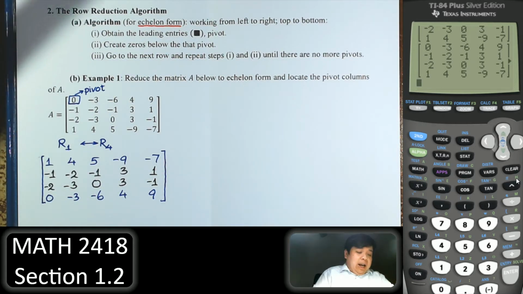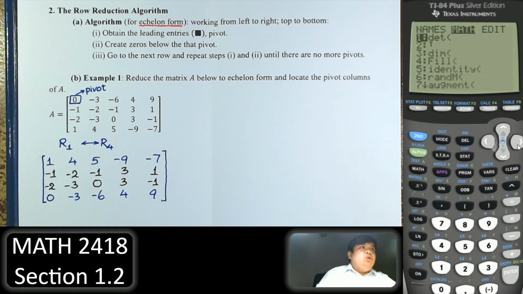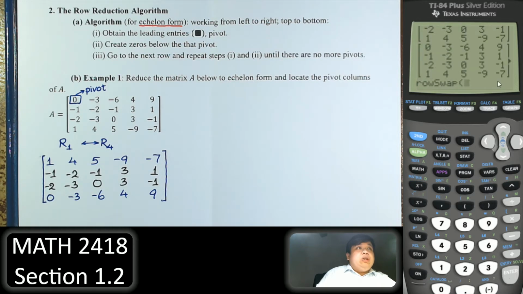Right, now we swap row 1 and 4. So second matrix, go to math, swap, row swap. We're going to apply this to the matrix, so second answer. That's why when we enter the matrix, we hit enter, so we store the answer as the matrix. We're going to swap row 1 and 4.